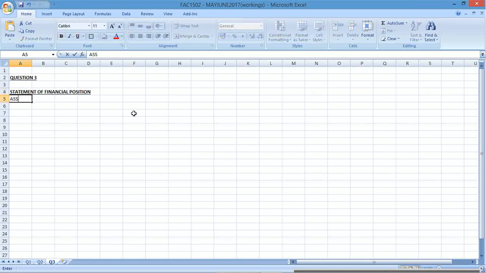Okay, you'd be writing down all your headings. Assets, non-current, then current, total assets, and then equity and liabilities.